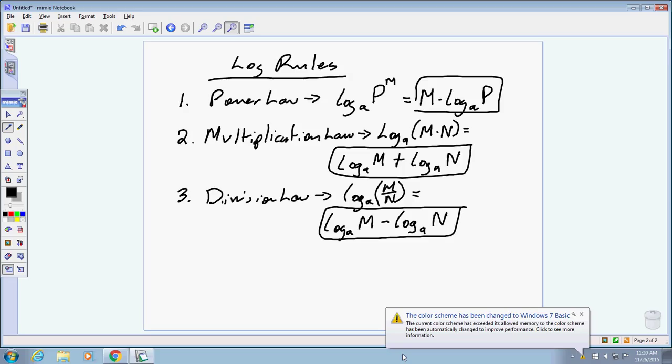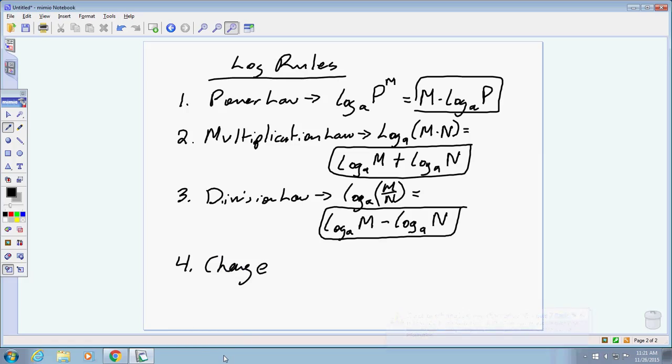Okay? So now, number 4. I might not prove this one today, but you'll see the proof of it as we go along. It's called the change of base rule, or change of base law.